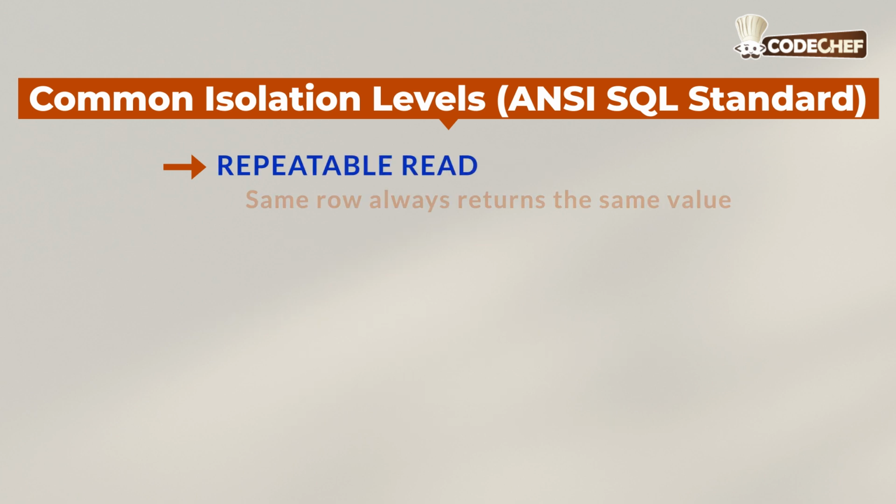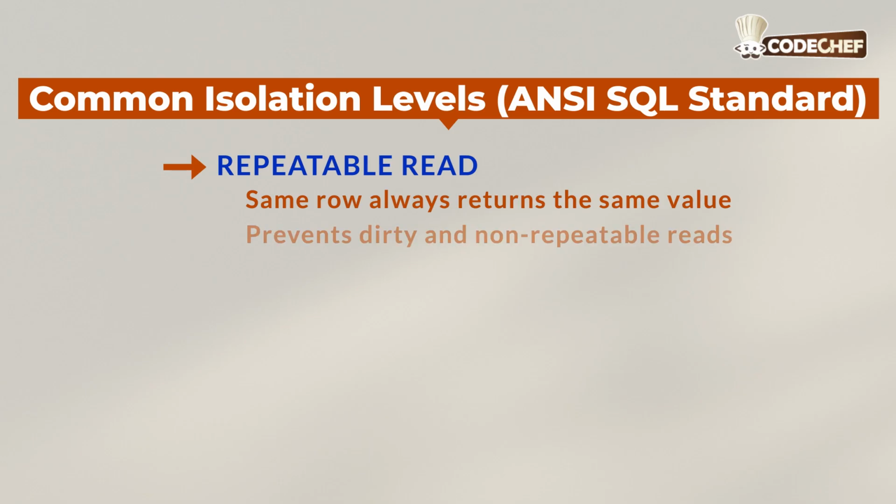Repeatable read: the same row always returns the same value. This means whenever we are running a query on any particular row, it will always give the same output. It prevents dirty and non-repeatable reads. Third, phantom reads may occur. Phantom reads means when two same queries are executed but they retrieve different sets of rows.